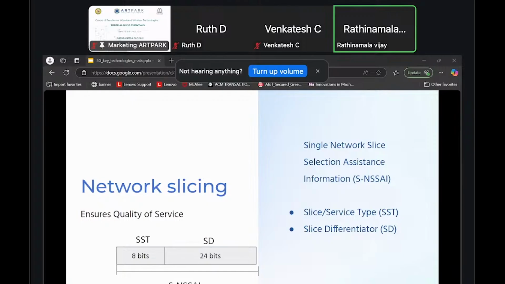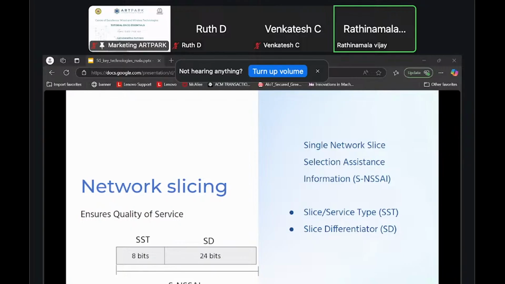This packet is 32 bits, where 8 bits represent the slice or service type, and the 24 bits are used to represent the slice differentiator. In order to differentiate two slices having the same slice type, the slice differentiator is used.